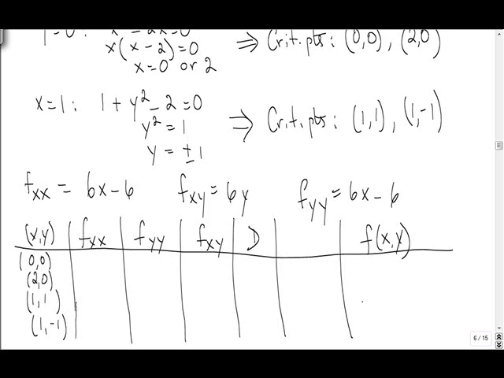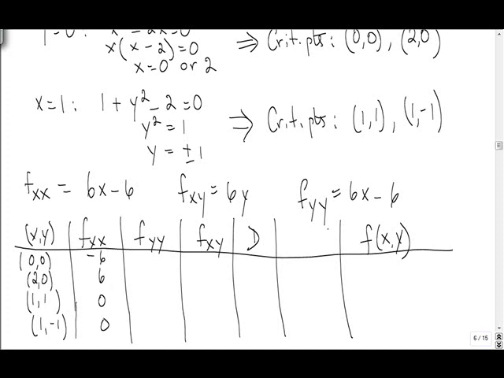So fxx is 6x minus 6. For each of these points, let's substitute into 6x minus 6 for x. What's the first one, anybody? Negative 6, next. 6, next. 0, next. 0. Good.